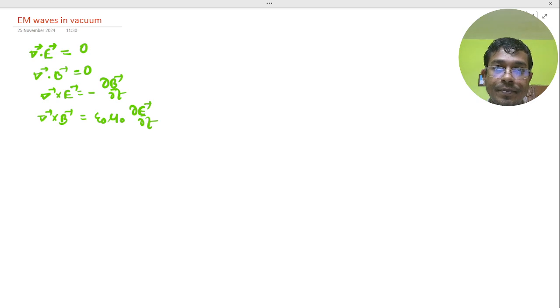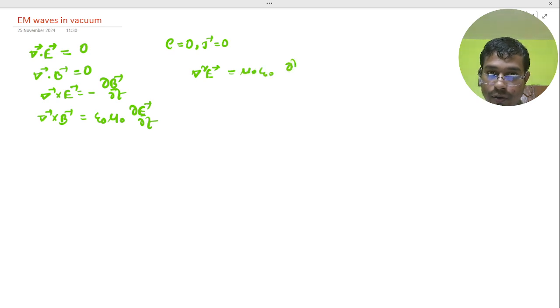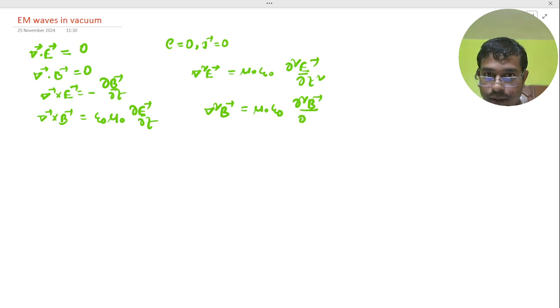And for free space, rho must be 0, J must be 0, and the wave equation would be: del square E equals mu naught epsilon naught d square E by dt square, and del square B is equal to mu naught epsilon naught d square B by dt square.